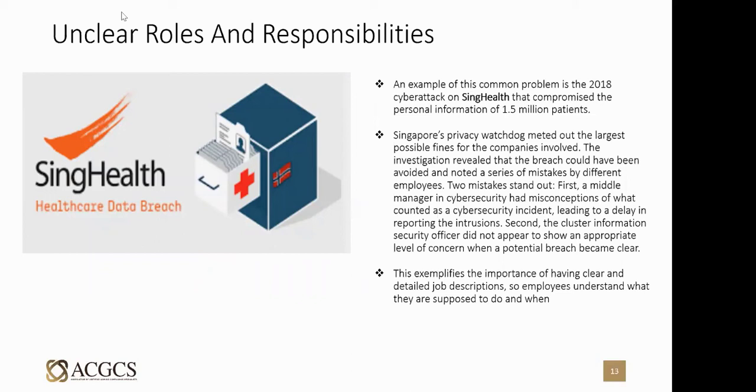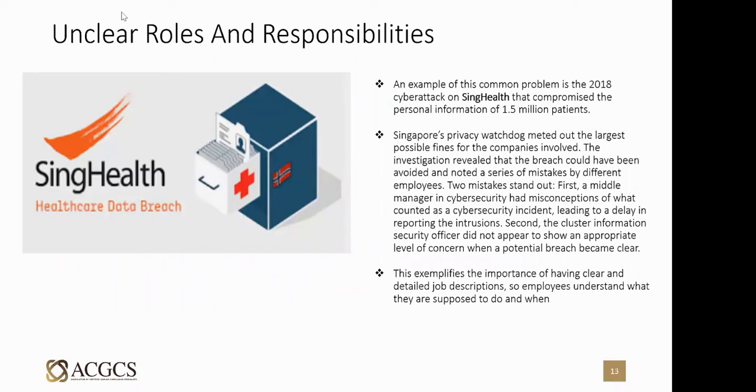So in 2018, there was a cyber attack, and it basically compromised the personal information, PII information, for 1.5 million patients. And it was a very, very interesting case because there were a couple of mistakes that happened.